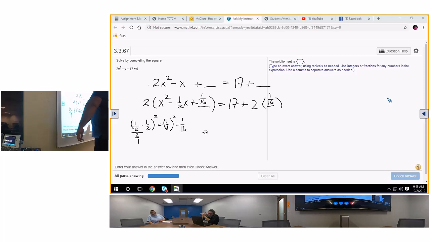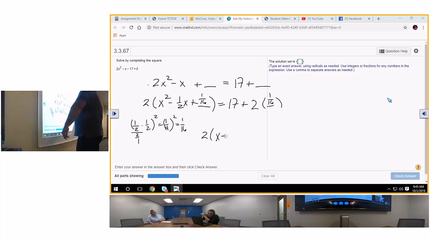So that'd be 2 times x minus 1/4 quantity squared is equal to, that 2 will knock that to an 8. What's 17 times 8? 136. 136 over 8 plus 1 over 8.